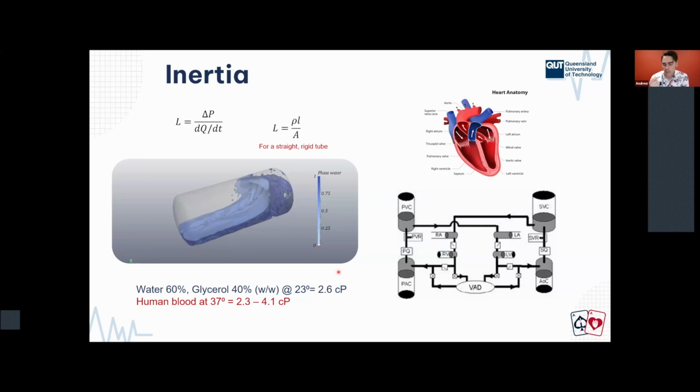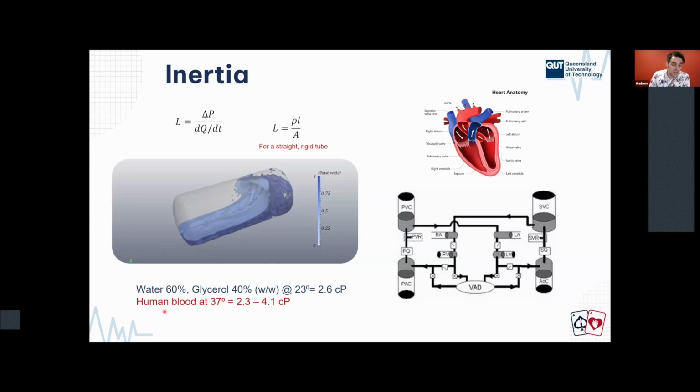choosing a working solution that has a similar density and a similar viscosity to blood. The easiest solution that we use is a mixture of 60% water and 40% glycerol by weight, not by volume, which at 23 degrees Celsius, lab temperature, has a viscosity of 2.6 centipoise.